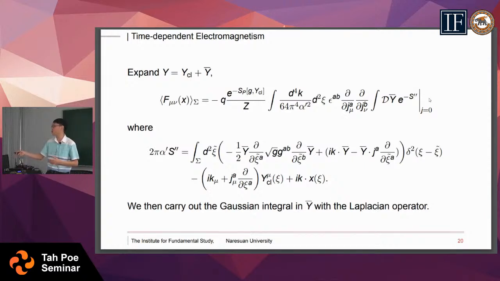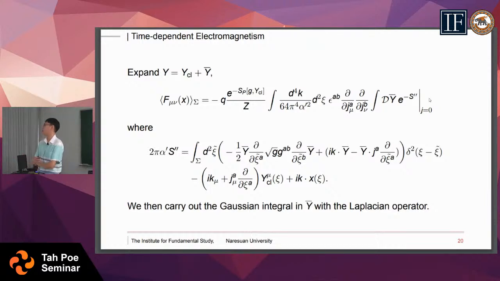It is the Gaussian form. The exponential of S double prime contains a quadratic term and a linear term. It is basically the Gaussian integral, right? Okay, this is the Gaussian integral. And we then carry out the Gaussian integral over the variable y bar with the Laplacian operator. This is the Laplacian operator.